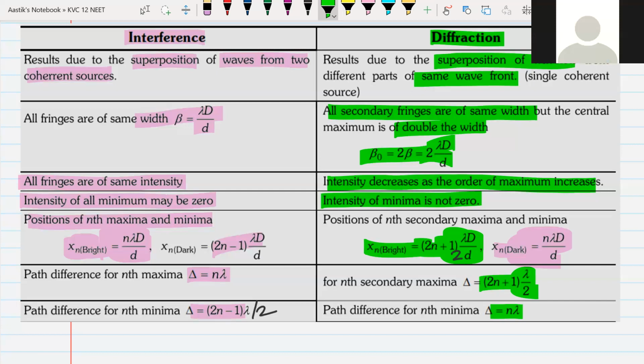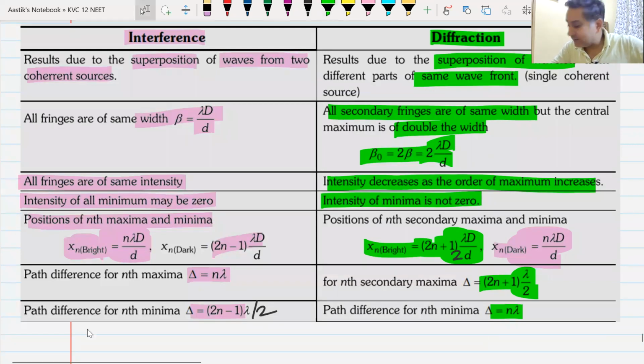Completed, sir. Okay. So shall we move ahead then? Yes, sir. Now remember, we have done single slit diffraction.